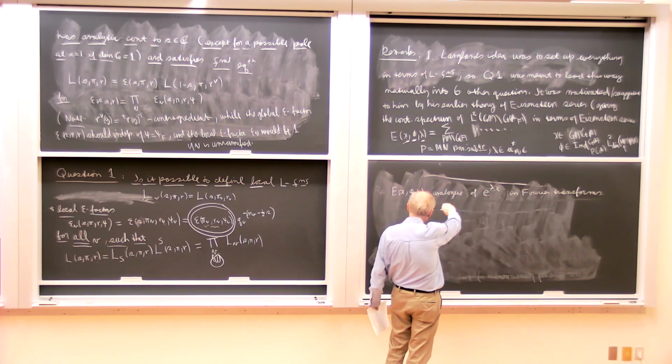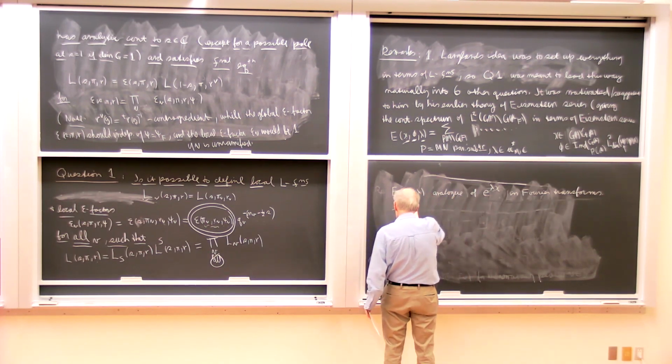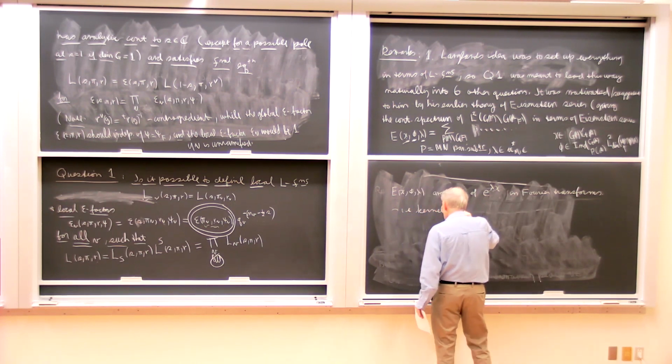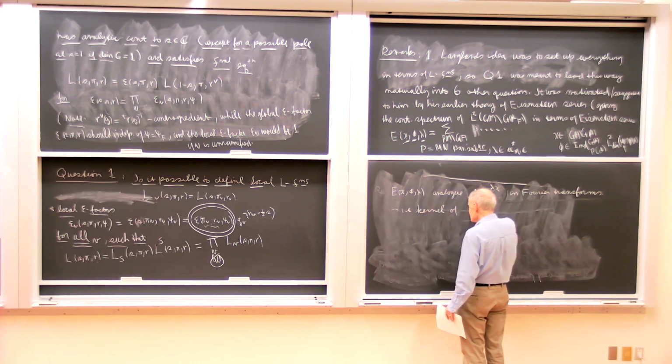It's the kernel. The kernel of a mapping that's the exact analog of Fourier transform.